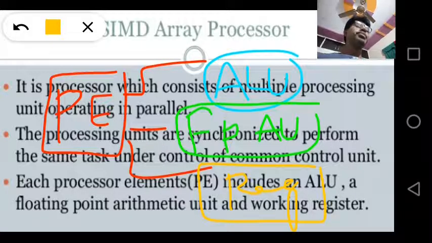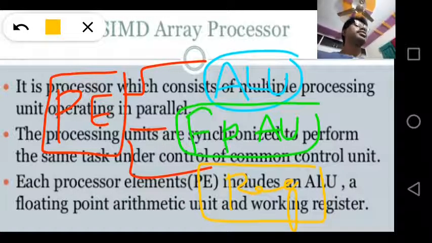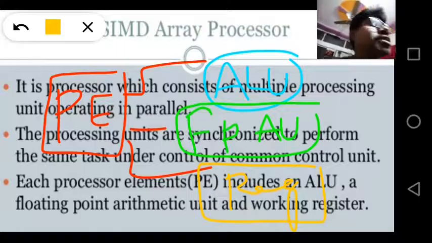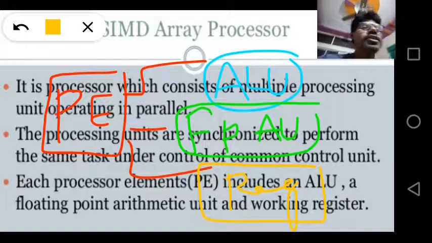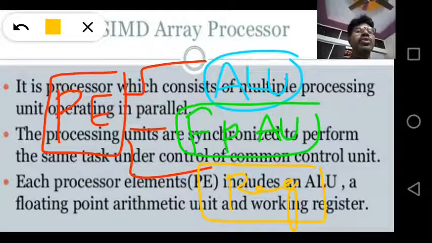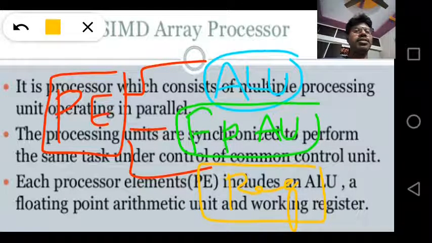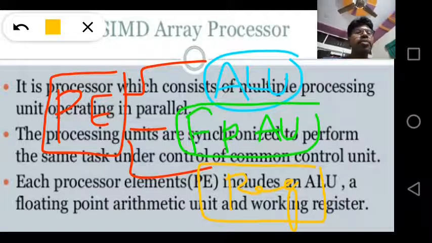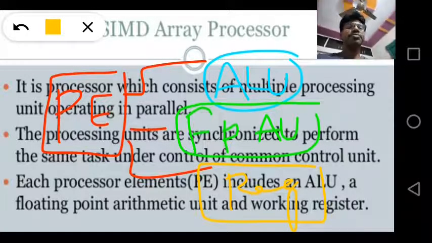So the processing element contains three things: ALU, floating point arithmetic unit, and registers. So each processing element is equipped with these three things.